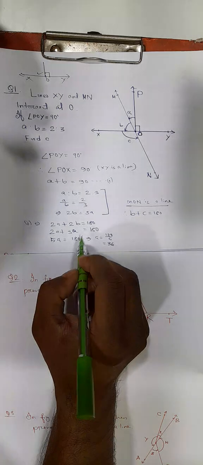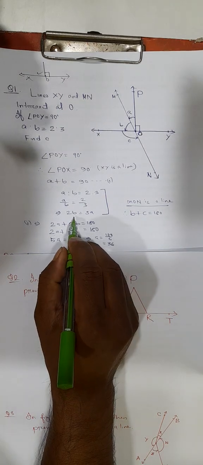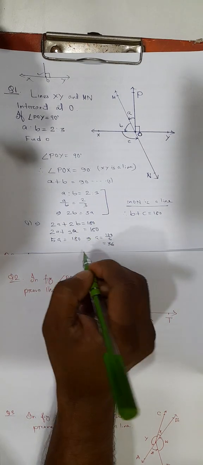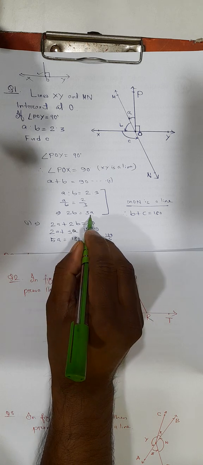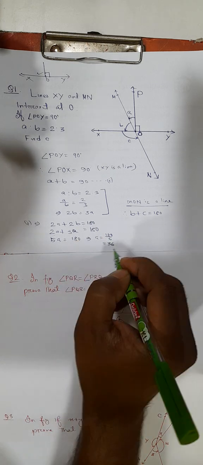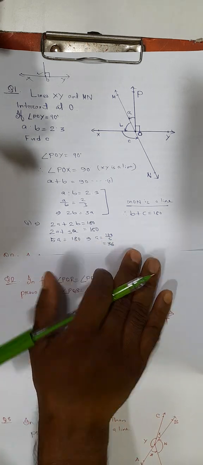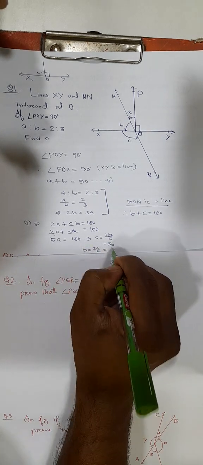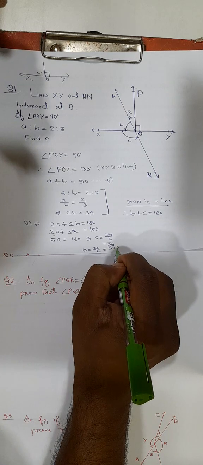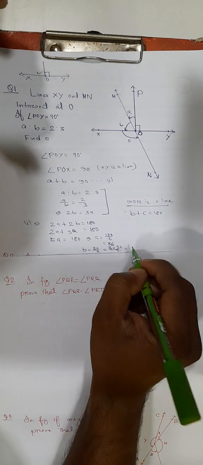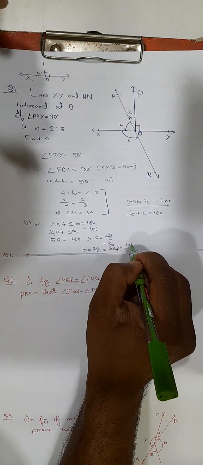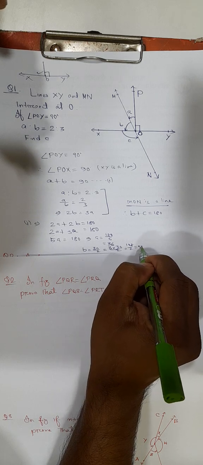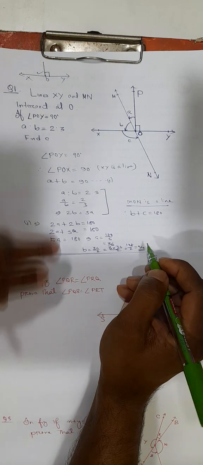You can find it from twice of B equals thrice of A. B equals thrice of A divided by 2, that means 3 into 36 divided by 2, that means 108 divided by 2, that means 54. B equals 54.